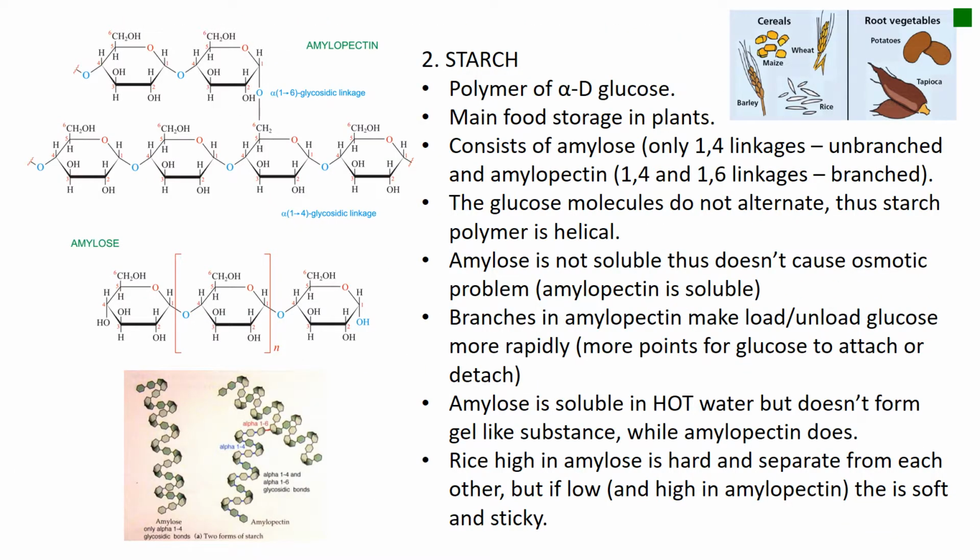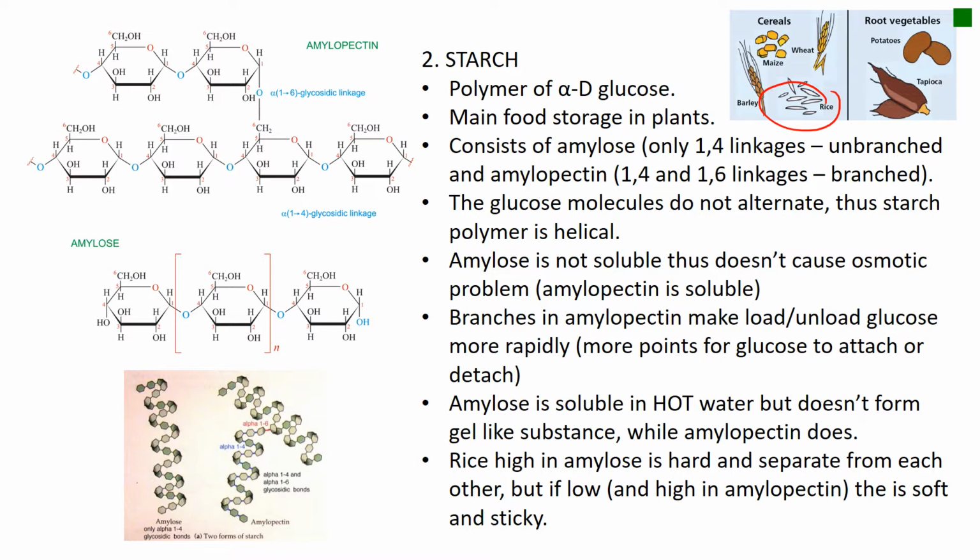The second example of polysaccharide that you have to learn is starch. So starch is actually the main staple diet of us as Asians. So we have potatoes, rice, cereals, and so on. Right.